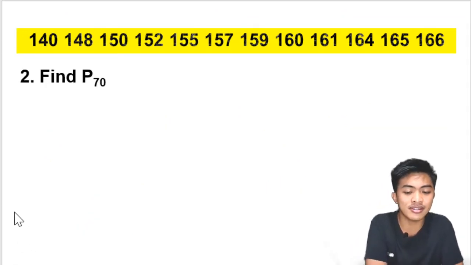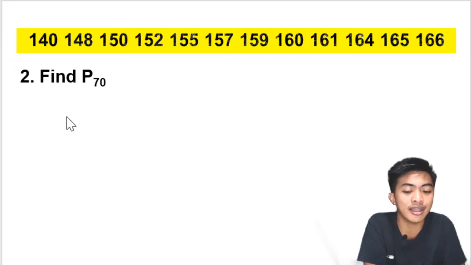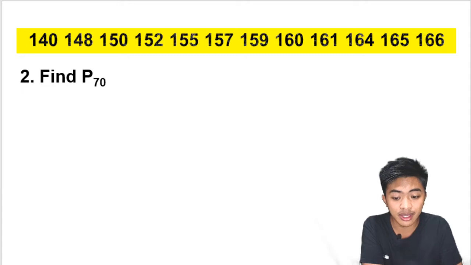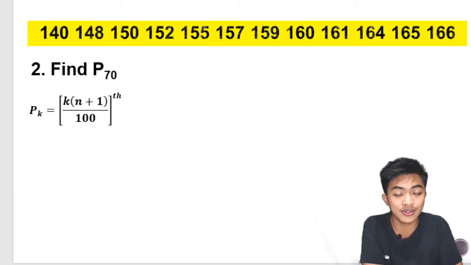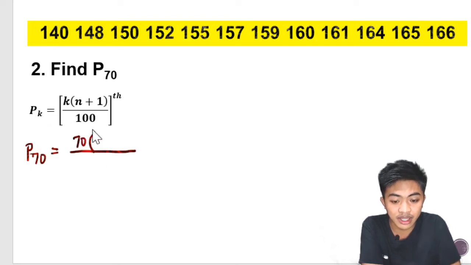Okay, for this next example, we're going to find P sub 70, or the 70th percentile. Okay, that is percentile. We're going to use this formula. And as I told you, whatever the subscript is, yun yung isa-substitute natin sa K. 70 ang K. And we are using the same data set.